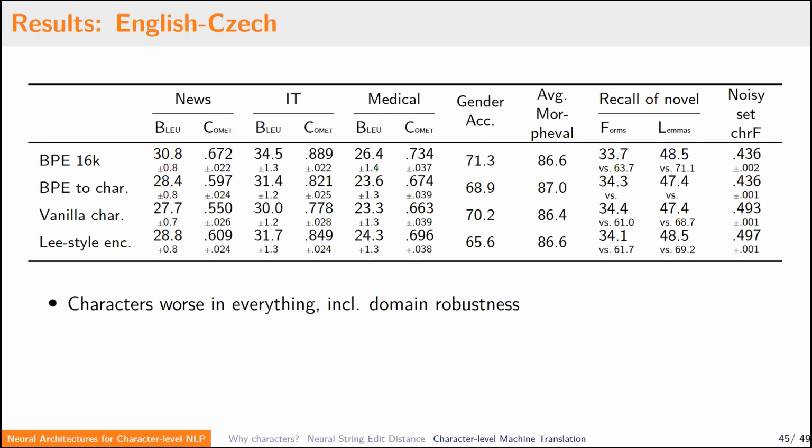There is basically no difference in the MorphEval benchmark, and basically no difference in the recall of novel forms and lemmas. From the character level methods, we still can confirm that the LSTM style encoding is the best method we can do, including the noise robustness.